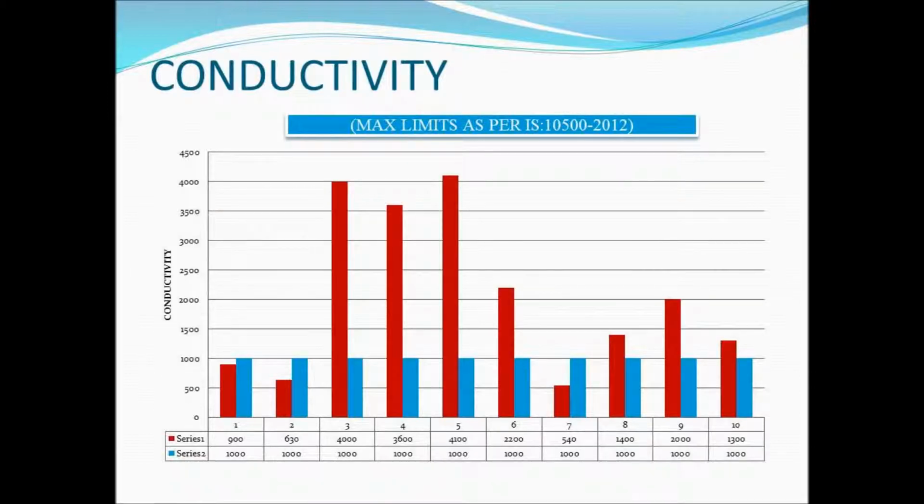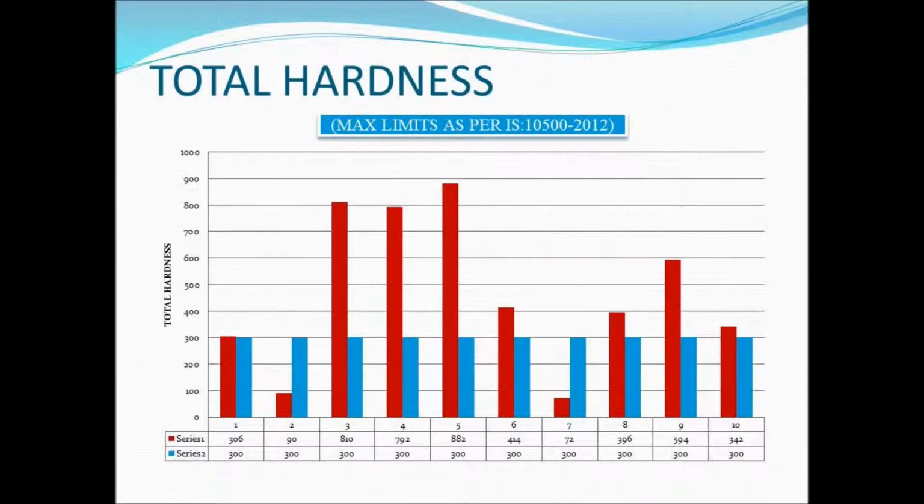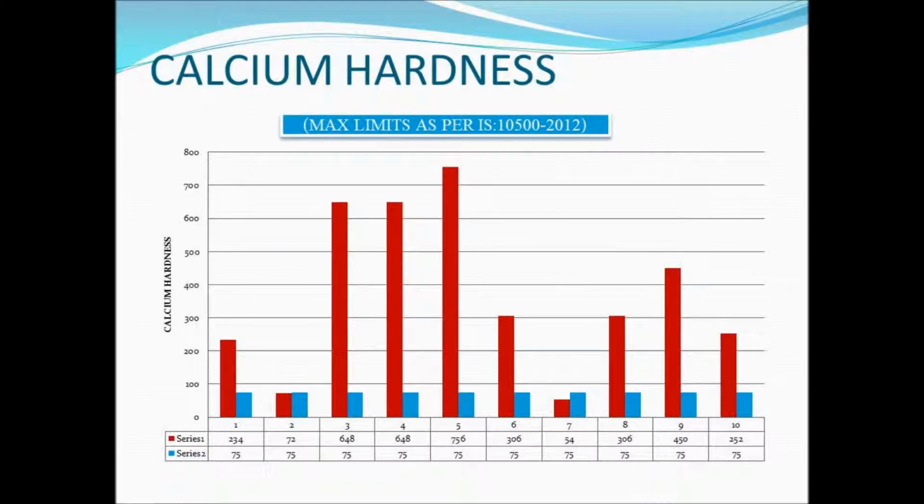Conductivity is also exceeding the BIS standard in samples 3, 4 and 5. This is total dissolved solids; the range is also exceeding in samples 3, 4 and 5. This is total hardness; for samples 3, 4 and 5 the hardness value increases, and calcium hardness has the same status.